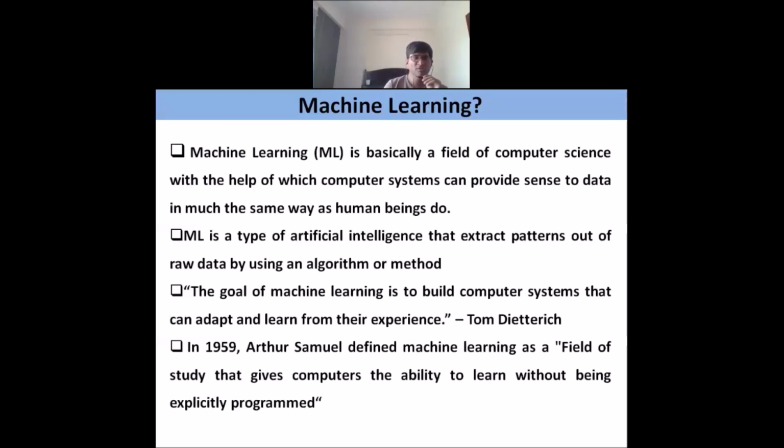So we want the system to learn automatically from the environment, to learn automatically from the inputs given to it, and to automatically develop those algorithms. We'll be talking about what exactly we mean by this statement when we say that we do not have to do explicit programming, right?